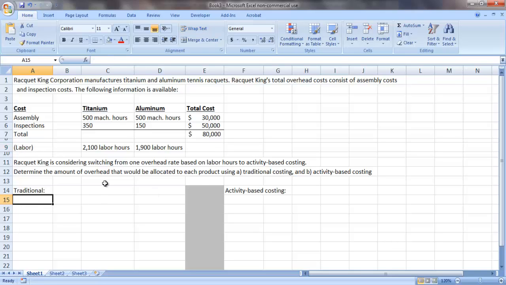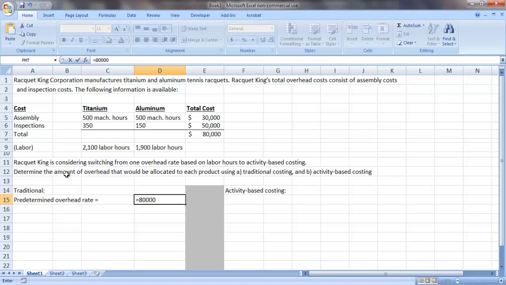If Racket King continues to use traditional costing, overhead costs will be allocated to products based on a single overhead rate that again was going to be based on direct labor hours. So if that were the case, Racket King would calculate a predetermined overhead rate, and that rate would be the total estimated overhead cost for the entire period, $80,000, divided by the total estimated activity base, in this case labor hours.